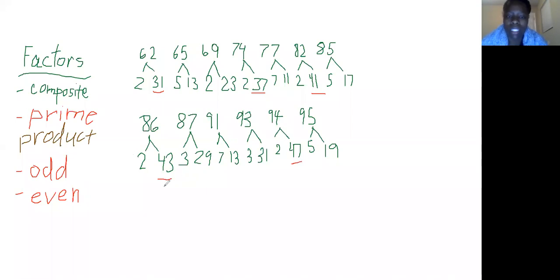Now they're all prime factors, but I just noted the ones that we have not talked about, the prime numbers that are included in the first 100 composites, the first level of composites.